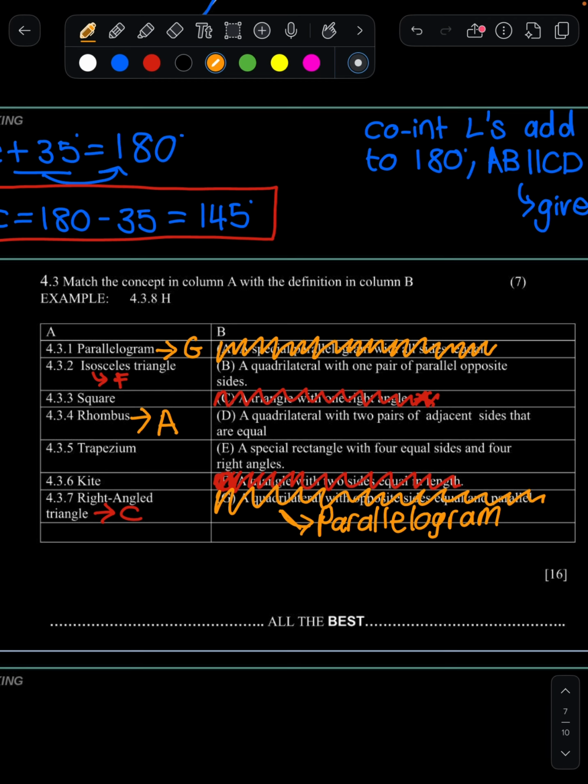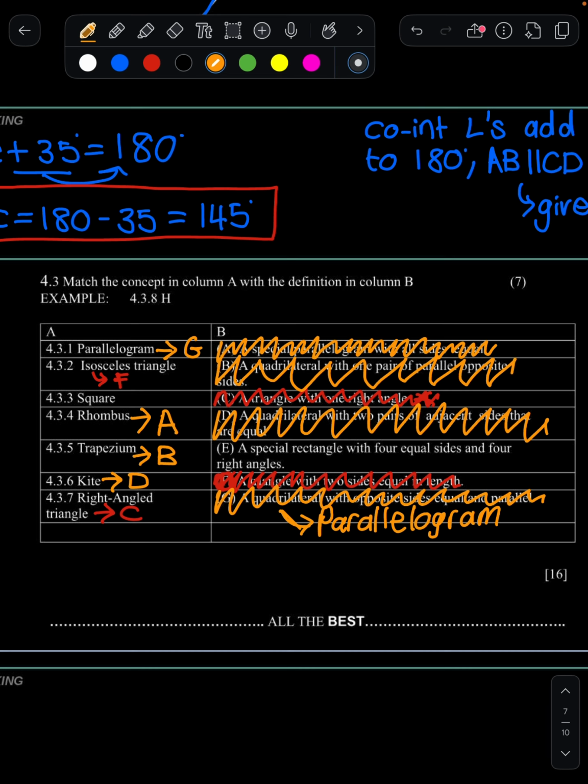So that is the kite definition, D. Let's get rid of that. And a trapezium is a quadrilateral with one pair of parallel opposite sides. So this is B. Okay, so then that means a square is a special rectangle with four equal sides and four right angles. So that is E.